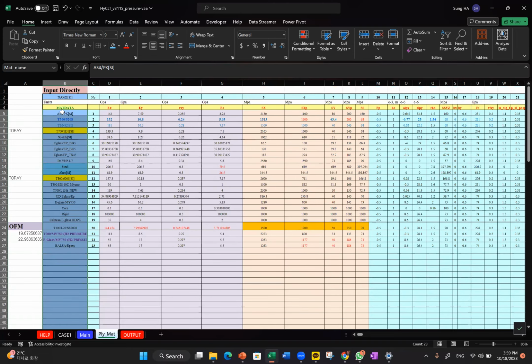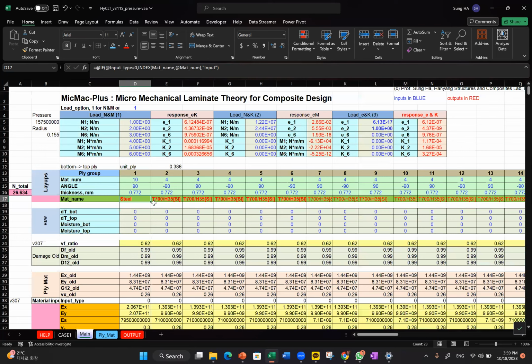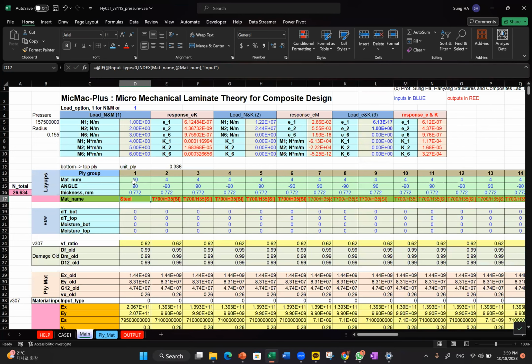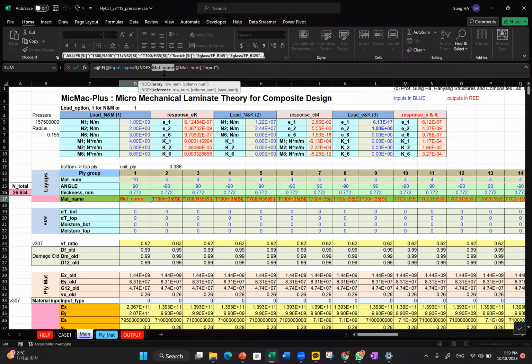As you can see, in this name you can say material name, and then material number. The material number is what we just entered, the 10. So this means that the 10th material number is the steel, and this is the material name.